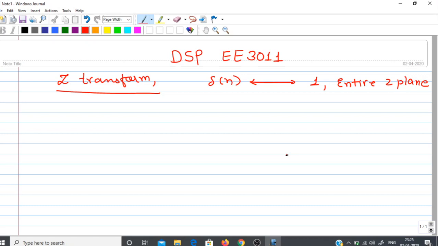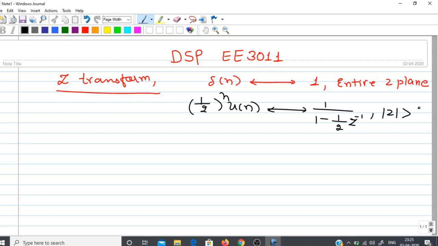Then we also computed the Z transform of an infinite duration sequence (1/2)^n u[n], and the Z transform calculated was 1 upon 1 minus half z inverse, and the ROC was mod z greater than half. Now today we will solve some more problems.